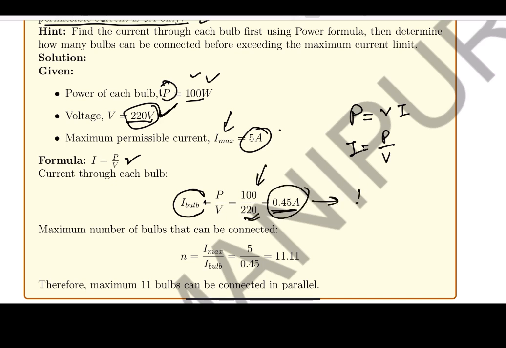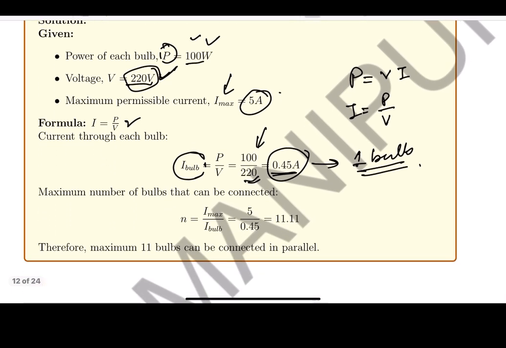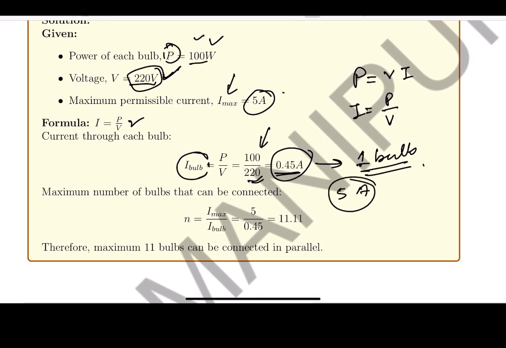This is for one bulb, but how much total current can flow? There must be 5 ampere. This much current can flow in parallel.